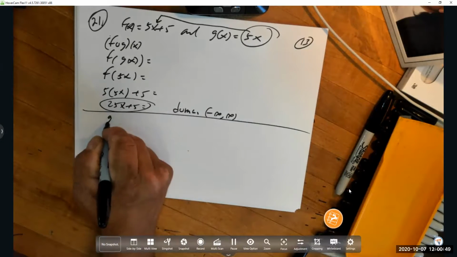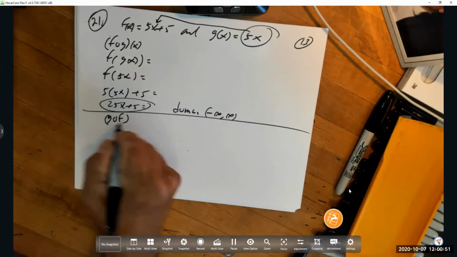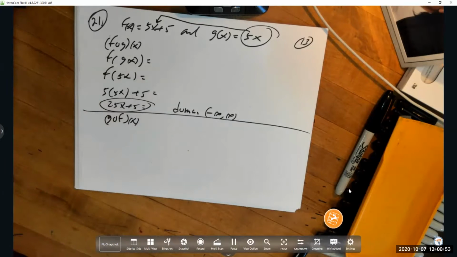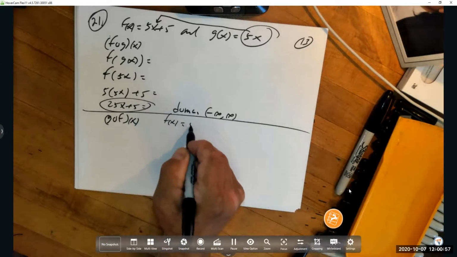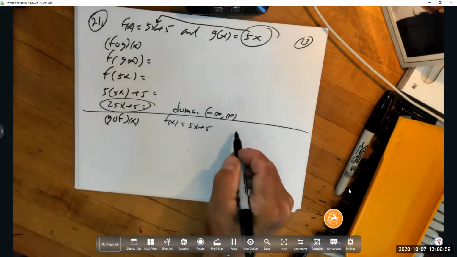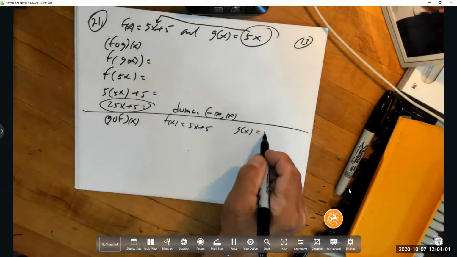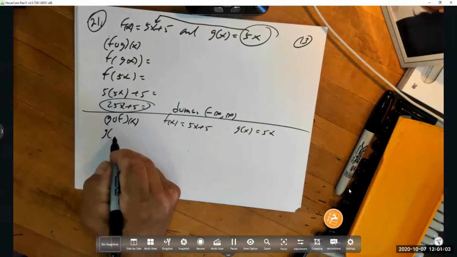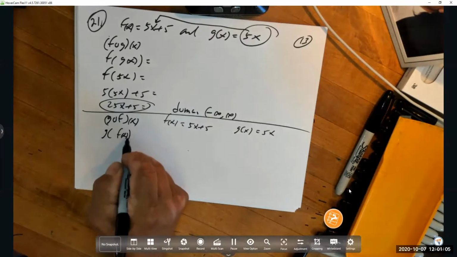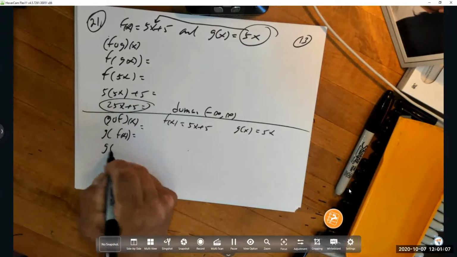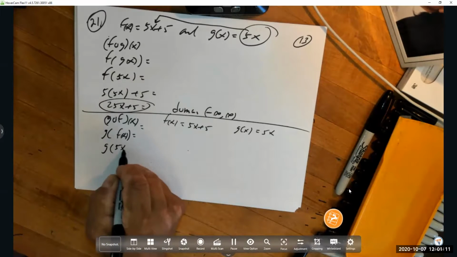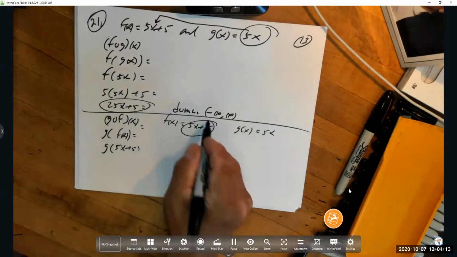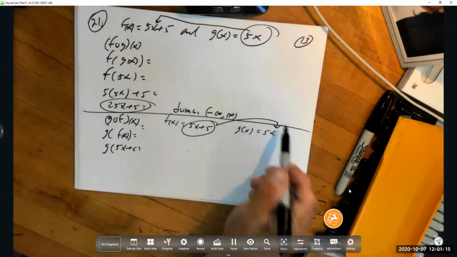Now I need to find g circle f of x. Okay, g circle f of x. And I just tell you what it is. All right. So g of f of x. This means g of f of x is this one here. So this time you get all the stuff here and put it over there.